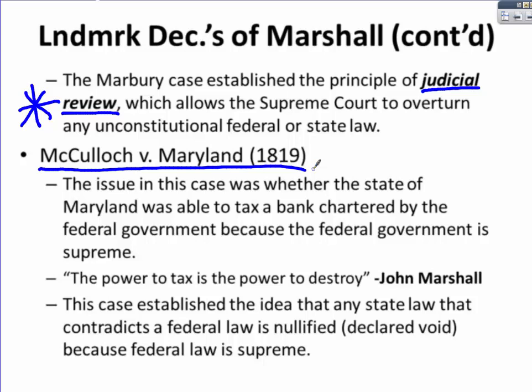Maryland, John Marshall is quoted as saying, "The power to tax is the power to destroy." This case established the idea that any state law that contradicts federal laws is nullified or declared void, because the federal law is supreme to the state law. So, federal supremacy.